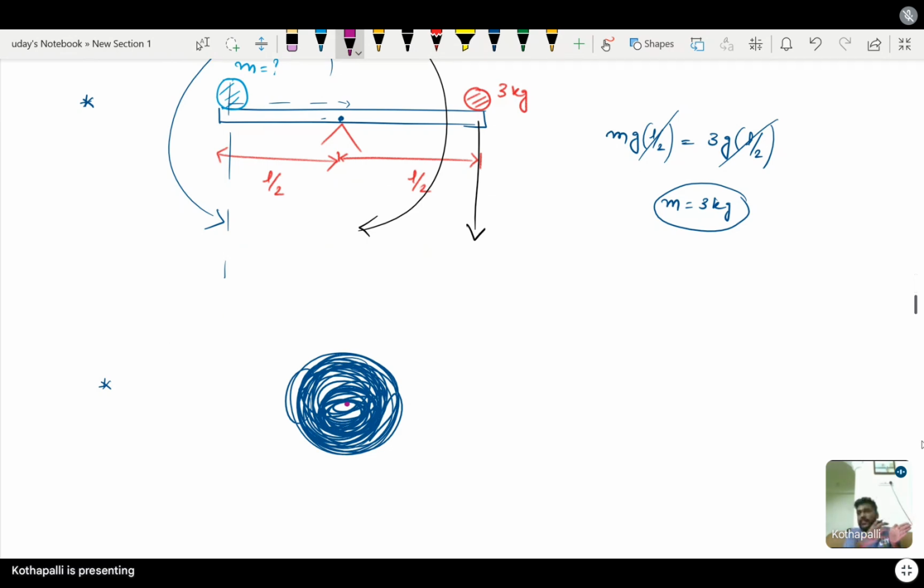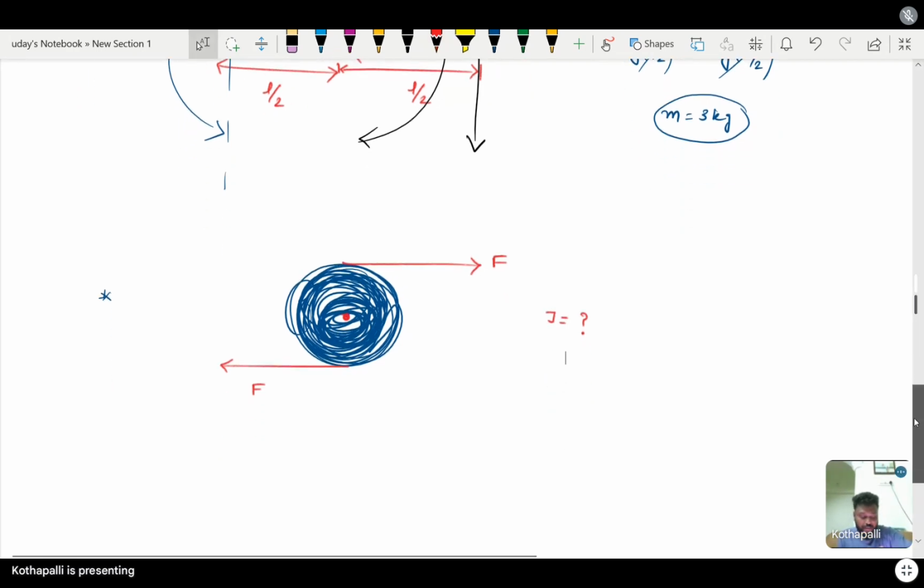It is rotatable only. I'm applying a force F at the topmost point and applying a force F at the bottommost point. It is fixed at its center. Now my question is, what is the torque produced by these two forces? I want to know what will be the net torque of this situation.